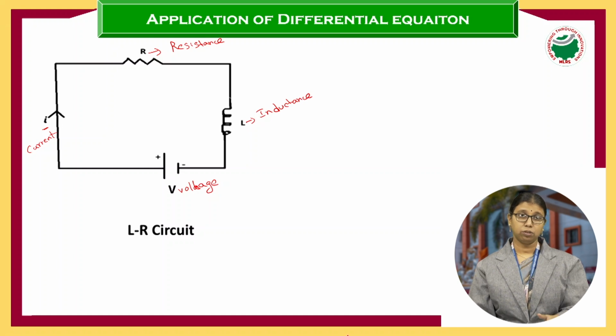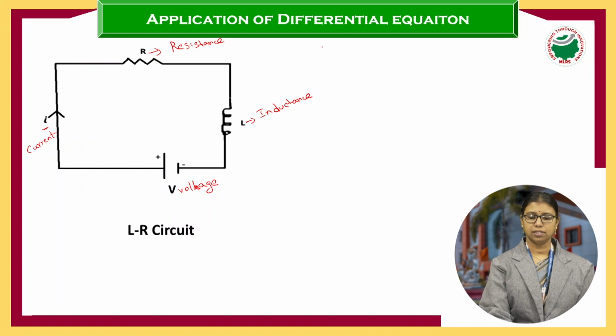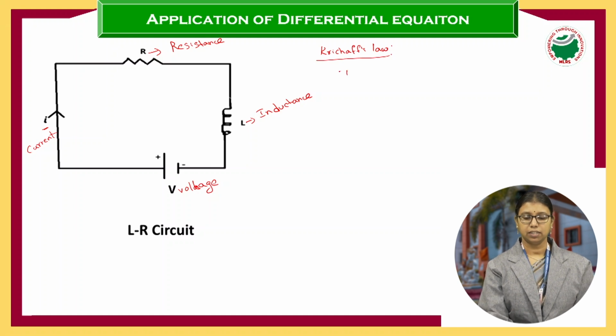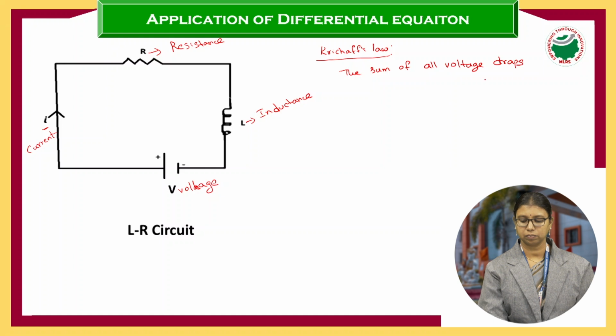To know the characteristics of this circuit or to simplify it, we have to use one law, that is Kirchhoff's law. Kirchhoff states that the sum of all voltage drops in any closed path of a network is always 0.